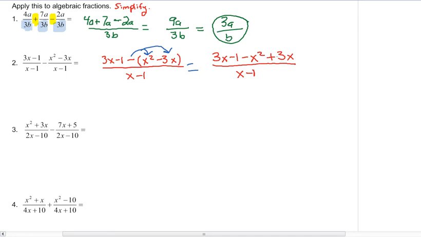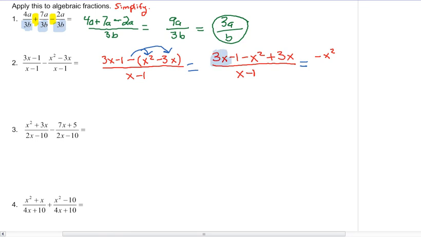The last step for this one is combining your like terms on the top. Starting off, let's look at the highest power. We start off with this minus x squared. Next, we're going to be able to combine our x's together.